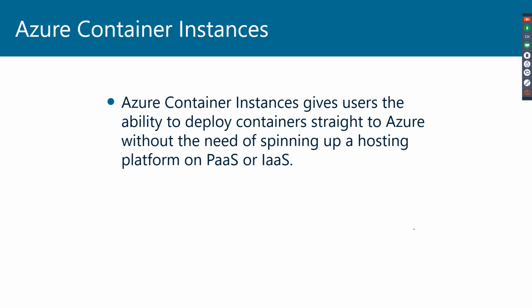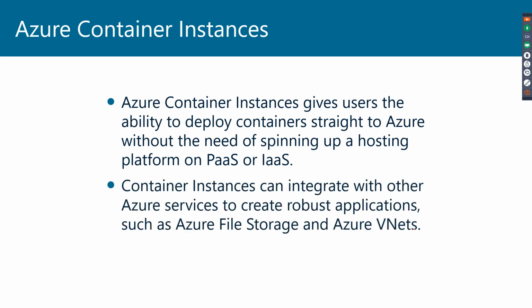So once this is up and running, you can use it and shut it down rather quickly. These things boot up quickly, they shut down quickly, and they're really designed for those small scale workloads on Azure. The container instances can integrate with a number of other things like VNets and file storage. We're not going to get into these details today, but if you have something running on your virtual networks on Azure, or you want to persist things outside of a container, which is good practice, you can use Azure File Storage and Azure VNets to accomplish a lot of that.